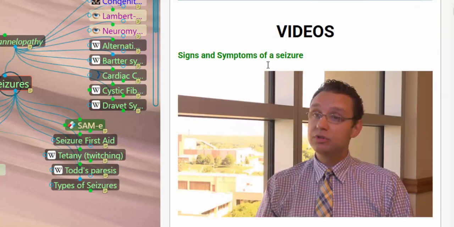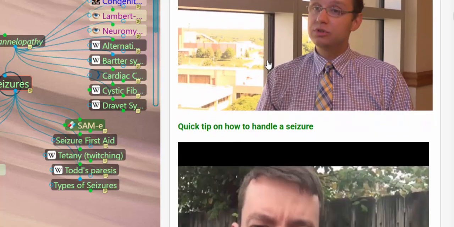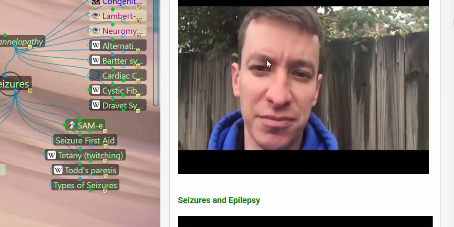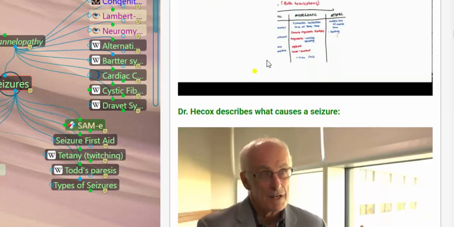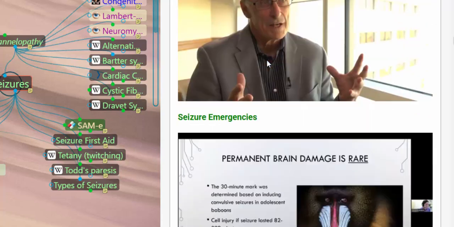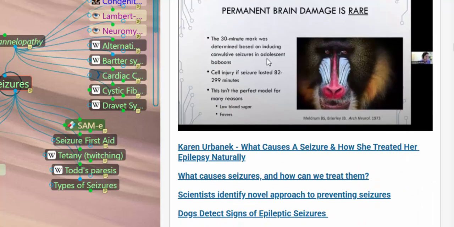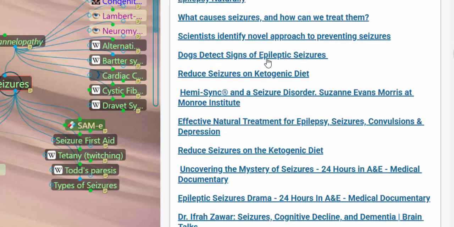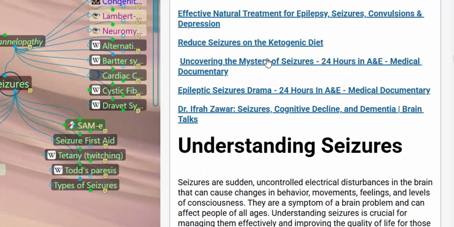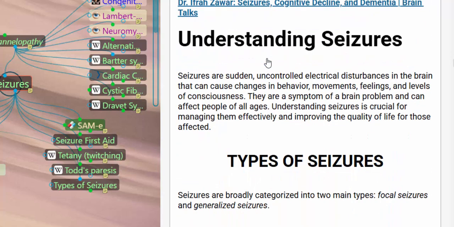Again, I'm just showing you where to go to find information that's going to help you if you have seizures or if you're helping someone else with seizures. How to handle a seizure, seizures in epilepsy, what causes them, seizure emergencies, and then these are also links to additional videos. Now we get down to this general definition.